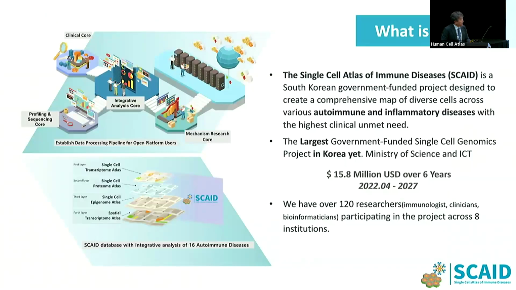The SCATE project is a Korean government-funded top-down project for flagship atlases in Korea, supported with about $16 billion over 6 years until 2027, and more than 100 researchers, immunologists, clinicians, and biostatisticians are participating in our project.